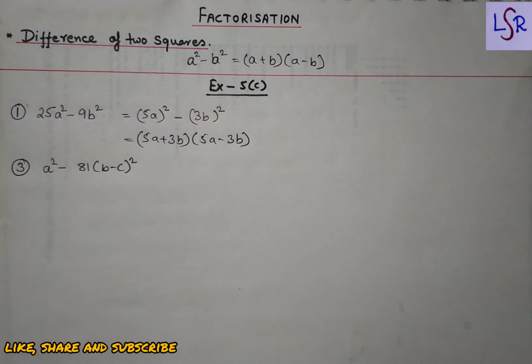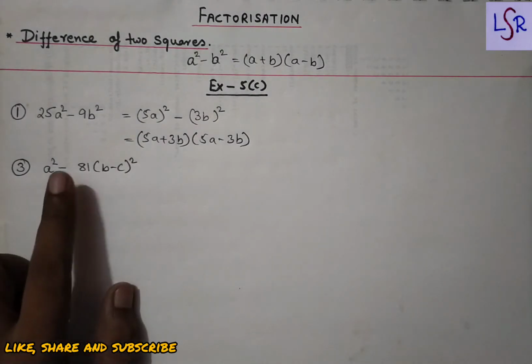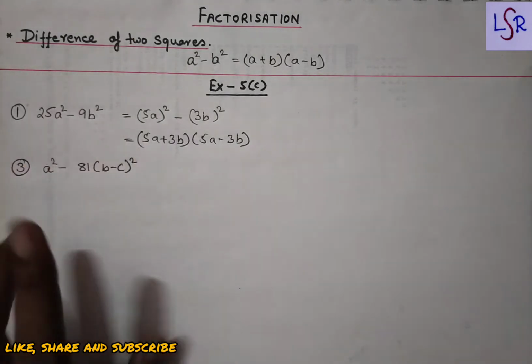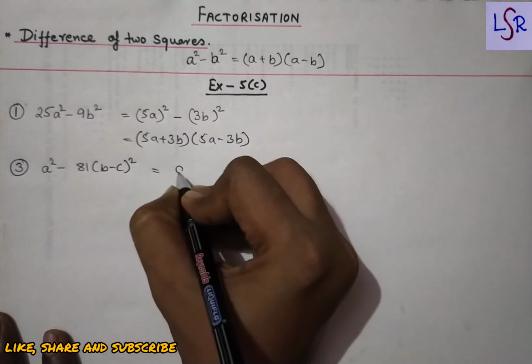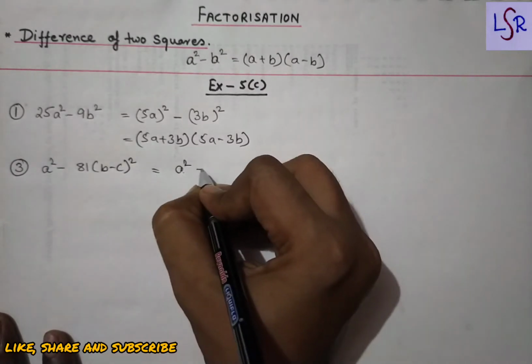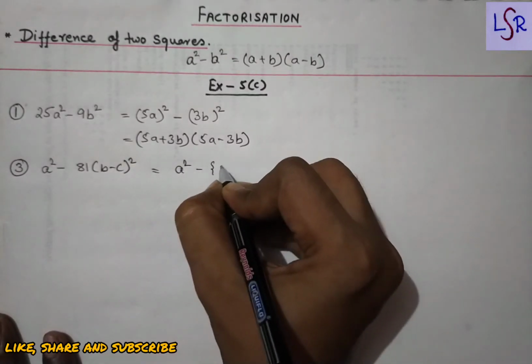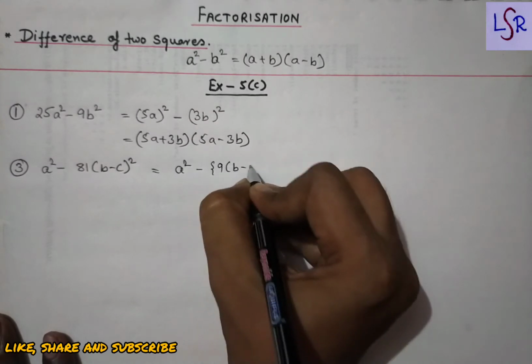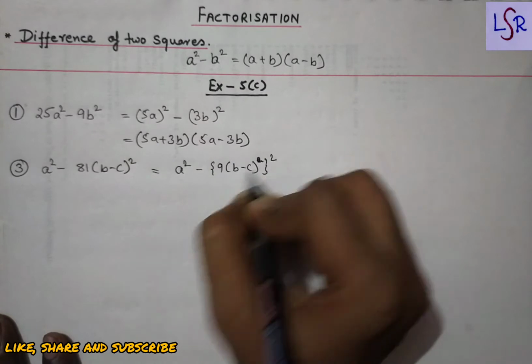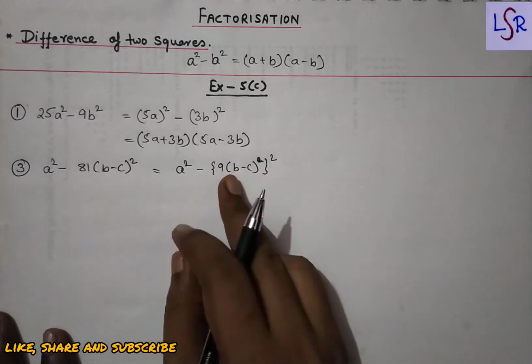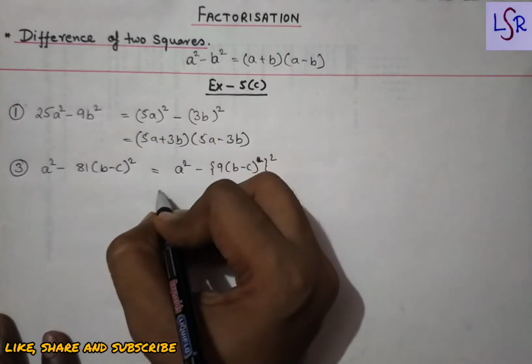Now let's see question number 3. Here in this question we are having a square minus 81 and the bracket to the whole square. So we are going to write this one as a square minus 9b minus c to the whole square. Now we are going to write this one in the form of a plus b and a minus b.